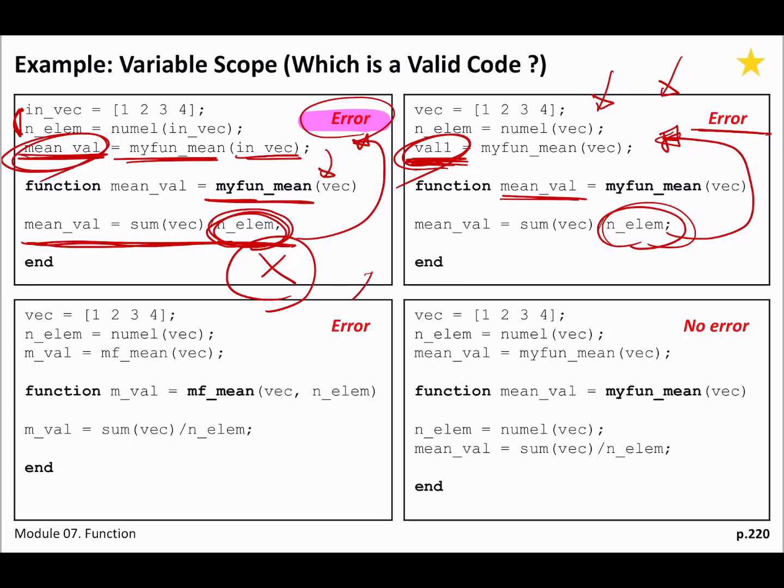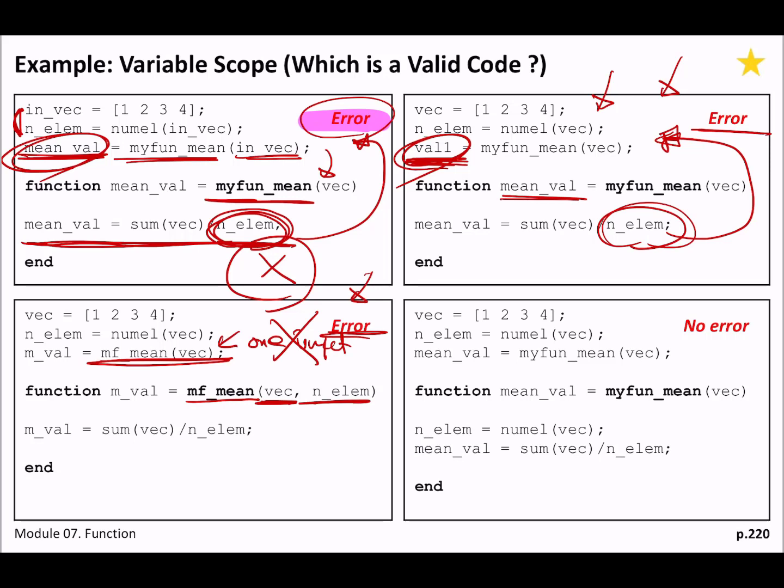What about the third one? You define my mean to accept 2 input values, right? But in this case, you call this function using one input, right? That's why there's an error.